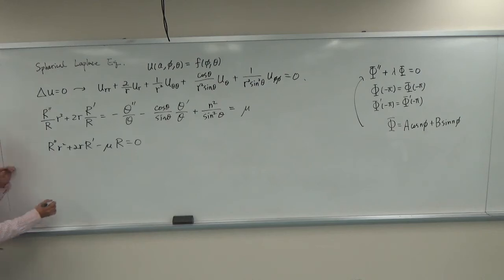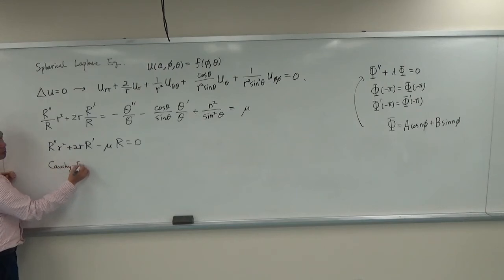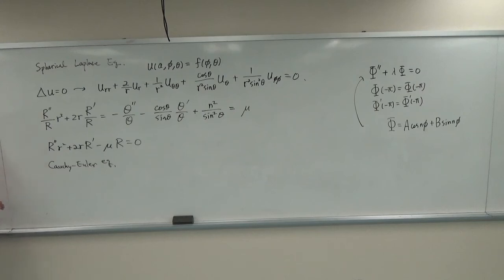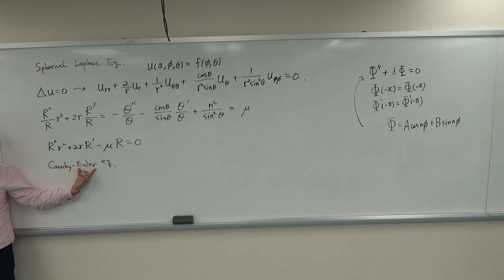And this is what's called the Cauchy-Euler equation. So earlier on, we had a similar equation when we were doing the Laplacian on a disk. And I just said it's Euler equation.